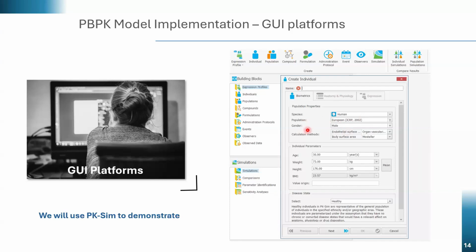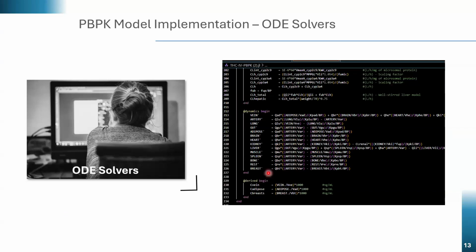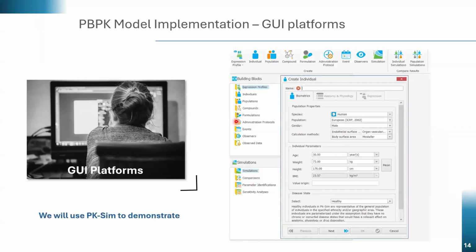As simple as that. But I know a question you can ask is, what then is the advantage of writing the code over using the software? The difference is that if I'm writing the code myself, I can basically define anything I want. I can modify the model as I want. But if you are using the graphical user interface, you cannot really define what you want. For example, on this slide, I am showing you a model of a human being, a male.